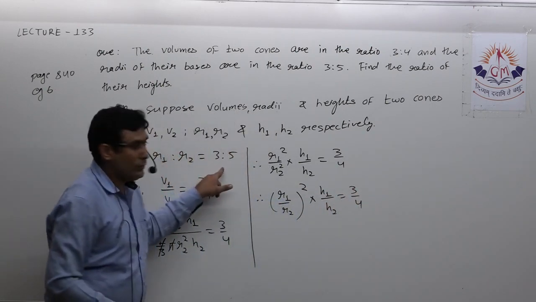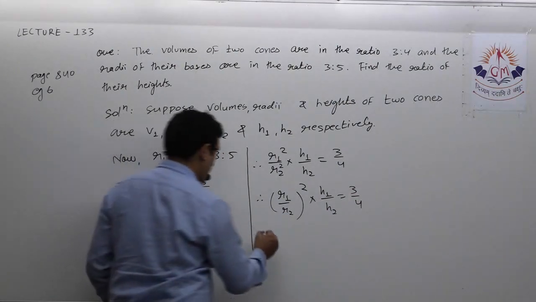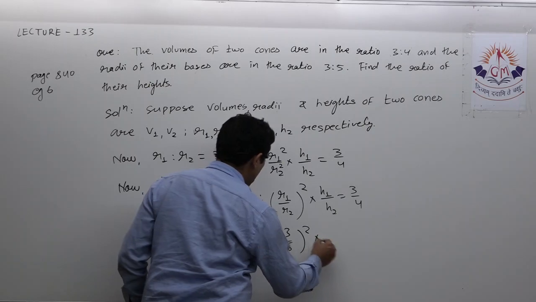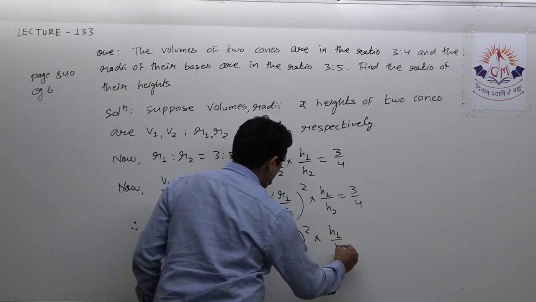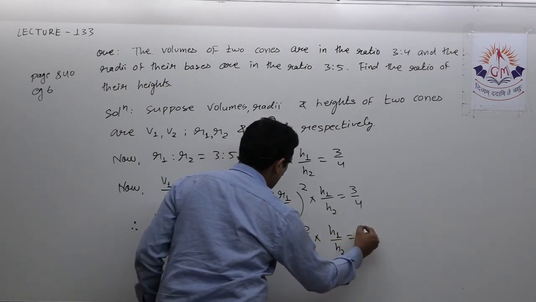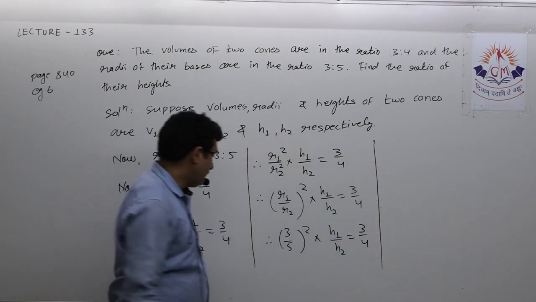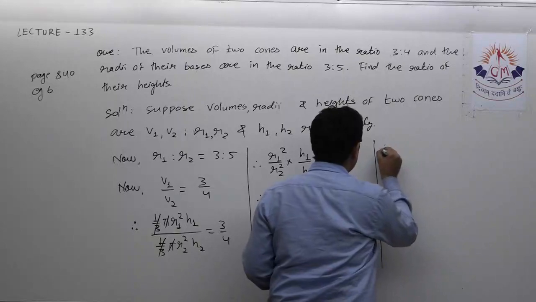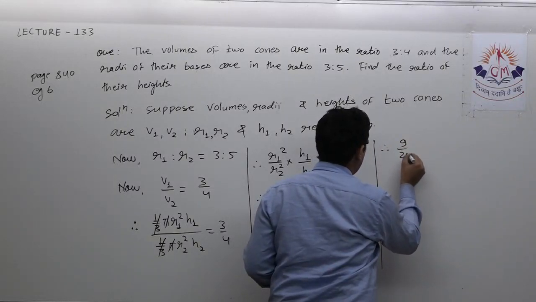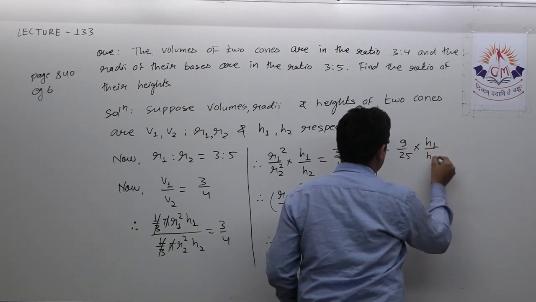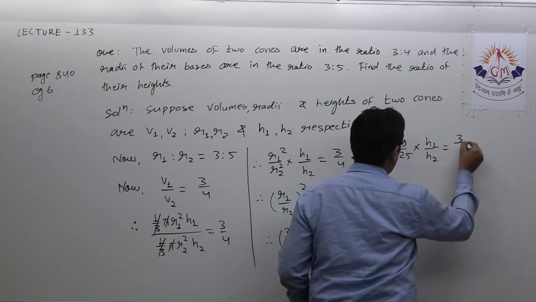Now r1 upon r2 is 3 upon 5, so 3 upon 5 whole square into h1 upon h2 is equal to 3 upon 4. Now here we get 9 upon 25 multiplied by h1 upon h2 is equal to 3 upon 4.